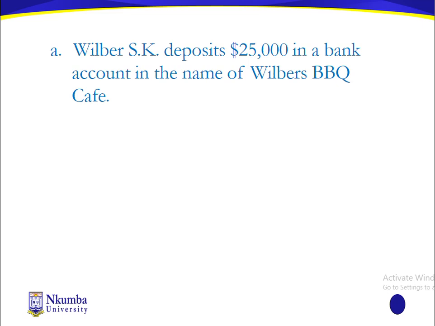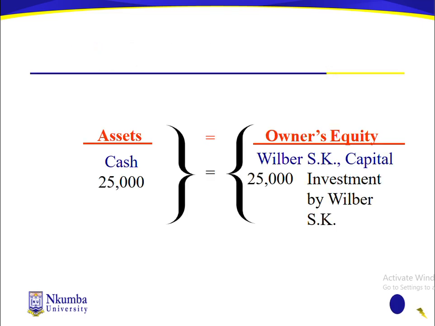We are going to credit equity, so that owner's equity is going to increase by crediting it. And then also cash, which is cash at bank, is also going to increase by 25,000 US dollars.